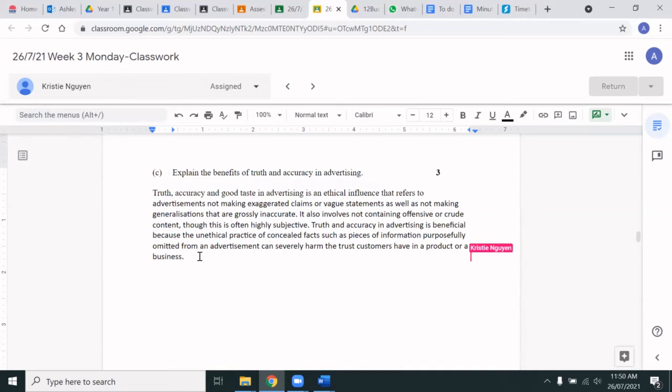So I'm trying to think of an example that's out there where a business has done that. But if you've got a real case study, use that and explain to the marker why it is that the business suffered, lost trust from customers. All right. Now, if they lose trust of customers, who cares?